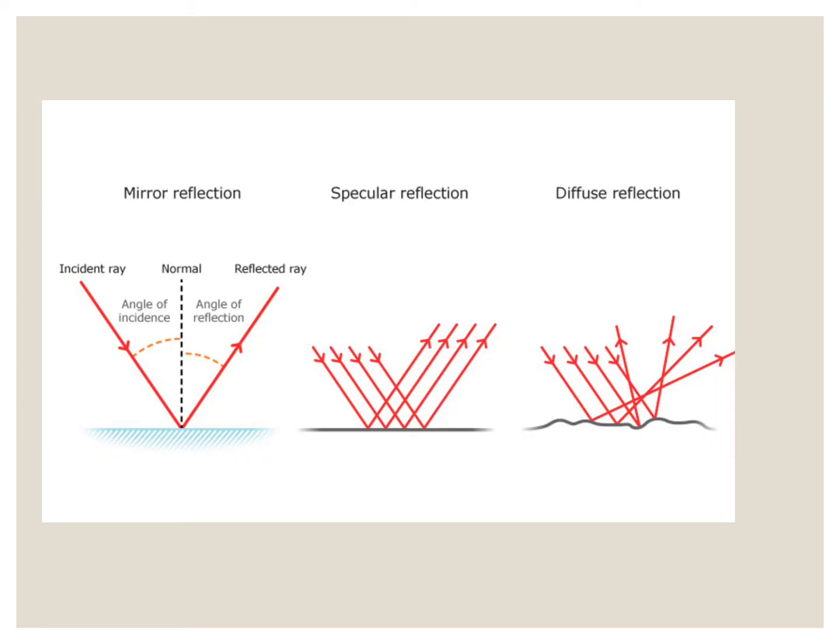In this slide, we can see the rules of reflection in the first image, where we have an incident light ray and a reflected light ray, and the normal, which is a line perpendicular to the reflecting surface. In the rules of reflection, the angle of incidence should be equal to the angle of reflection. When we talk about specular reflection, we have a group of incident light rays and a group of reflected light rays.